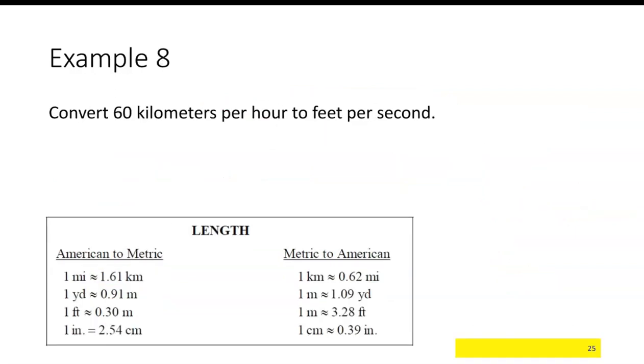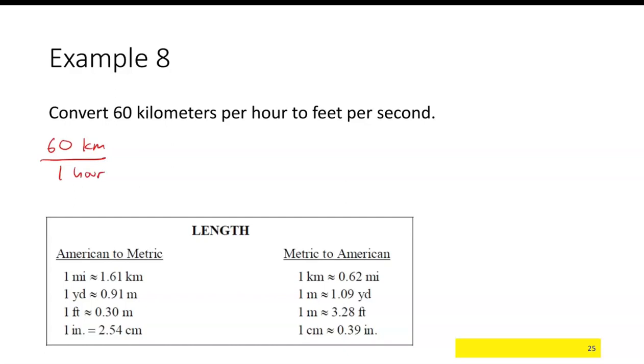All right, one last one. Let's convert 60 kilometers per hour into feet per second. So there's going to be a bunch of conversions here. I start with 60 kilometers per hour. And you can read the word per as a fraction bar.